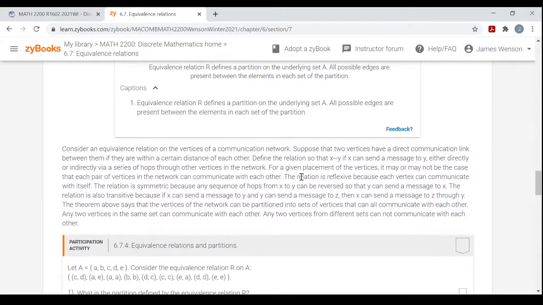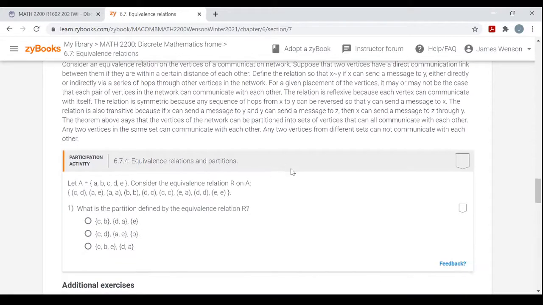You can read all that. Here's an example, and I'll actually draw this one up on a piece of paper.